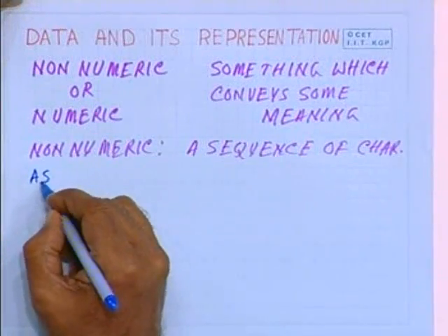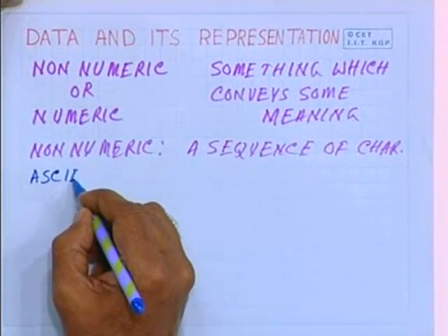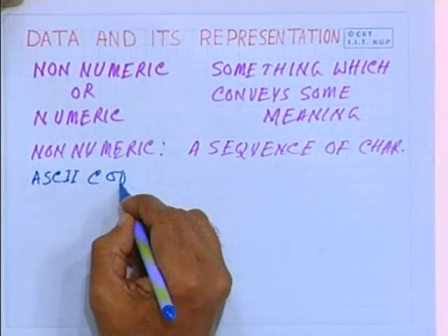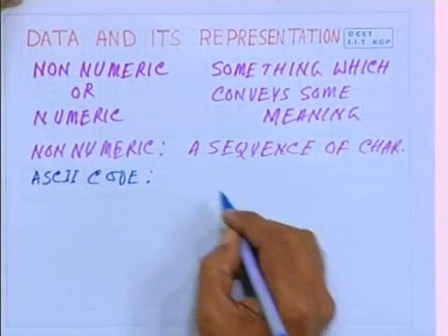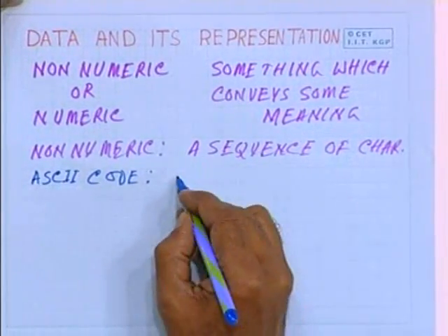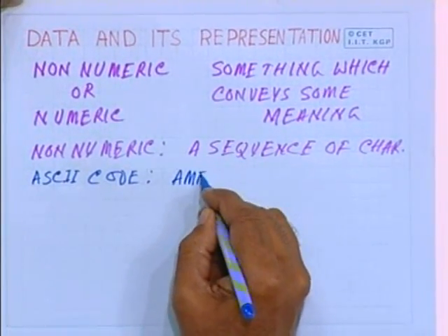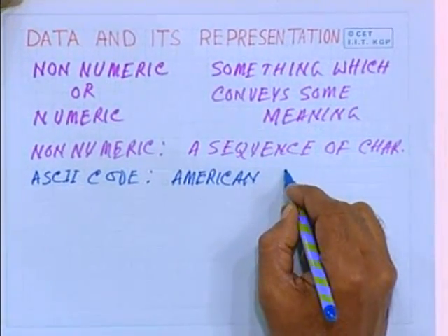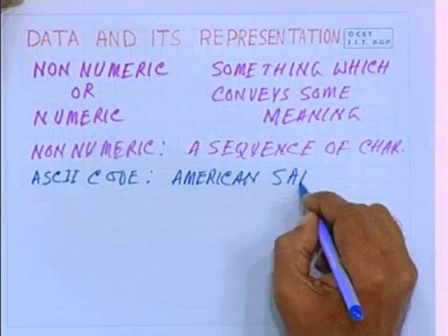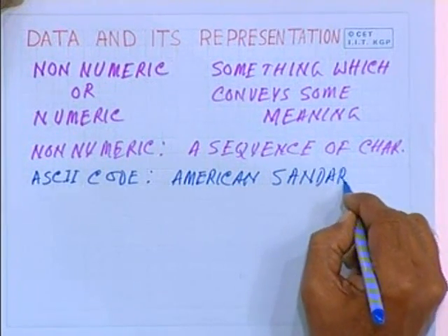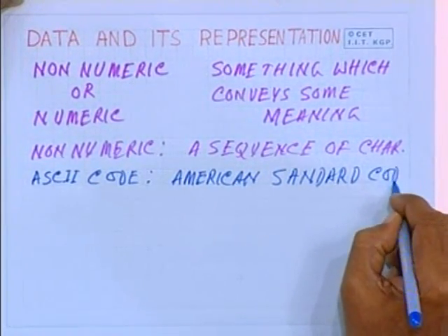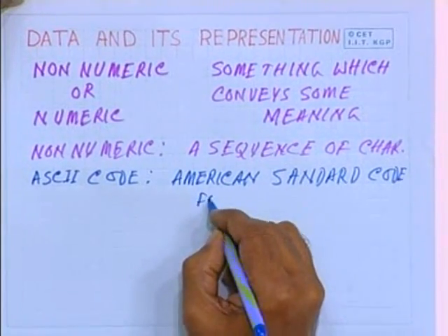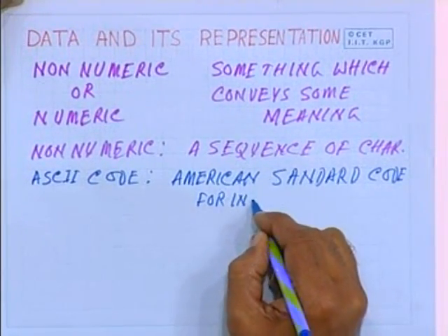Usually inside computer we use a popular code known as ASCII code. ASCII stands for American Standard Code for Information Interchange.